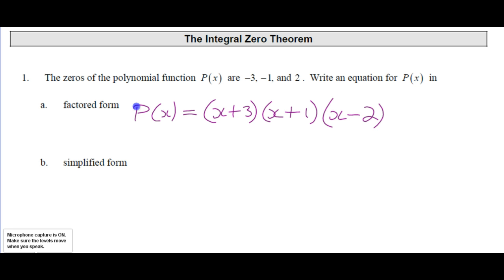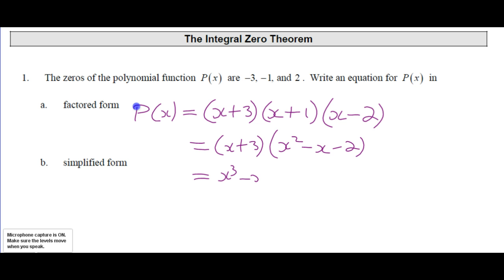Simplified form. Multiply it out. If we're going to do that, I'm going to multiply the last 2 binomials together first, and then multiply. It doesn't matter, right? Multiplication is commutative. So this is x squared minus x minus 2. And then I need to go through and multiply this out.